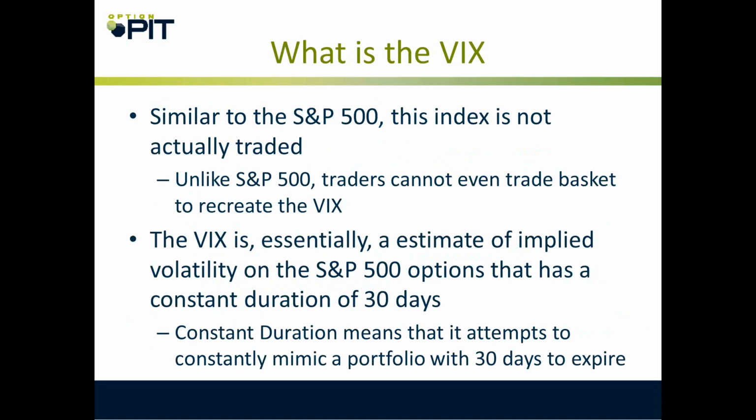So similar to the S&P, the index is not actually traded. A lot of people don't realize this, but you can't go out and buy the S&P 500. So you can't buy VIX.